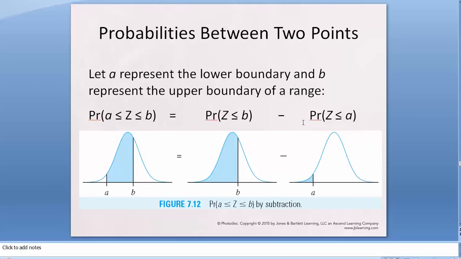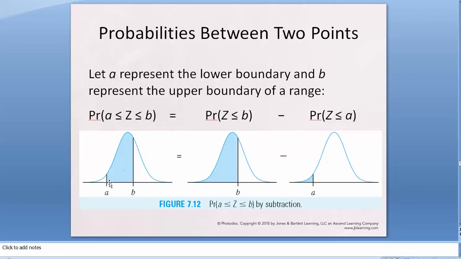Likewise, you can find the probabilities for all kinds of ranges. Here you have a less than b, and if you want to find the probability that z is between a and b, it is expressed like this. How do you find this? You first look up the probability for z equal to a from the table, then the probability for z equal to b, then you subtract.